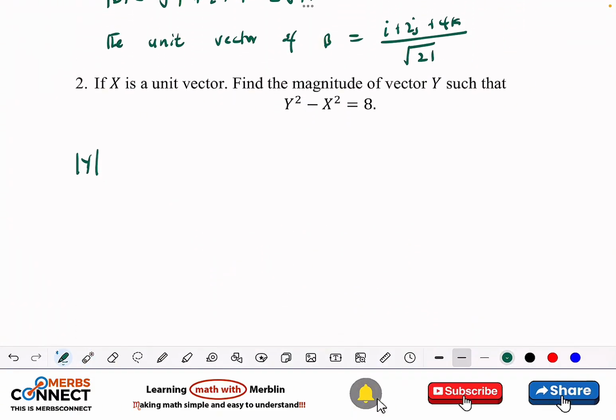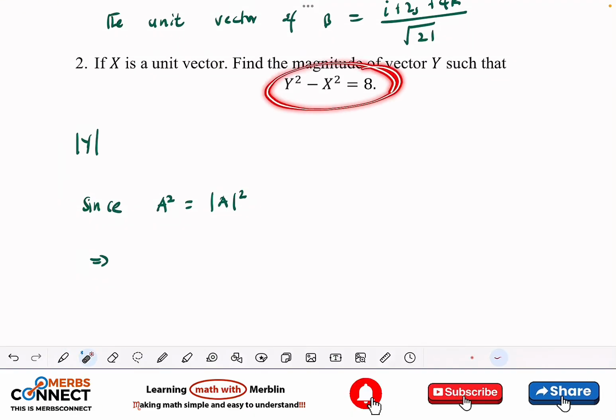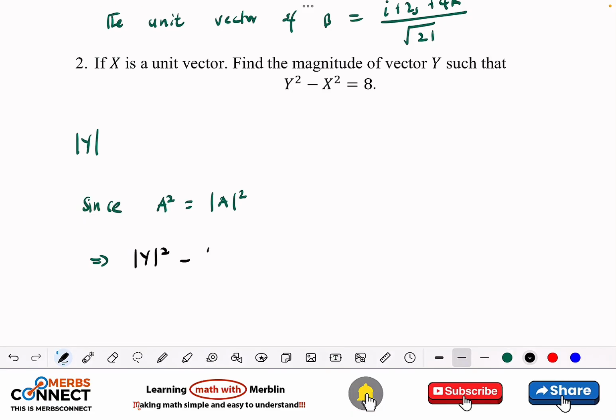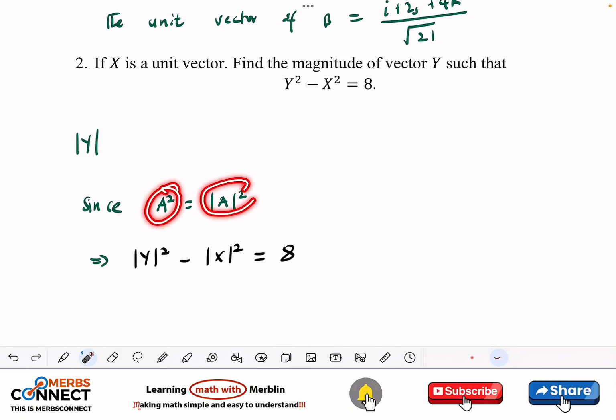So since a squared is the same as the magnitude of a squared, we can write this one as magnitude of y squared minus magnitude of x squared, and this should be equal to 8, right? Because if a squared can be written as this, then y squared can be written as this, x squared can be written as that.